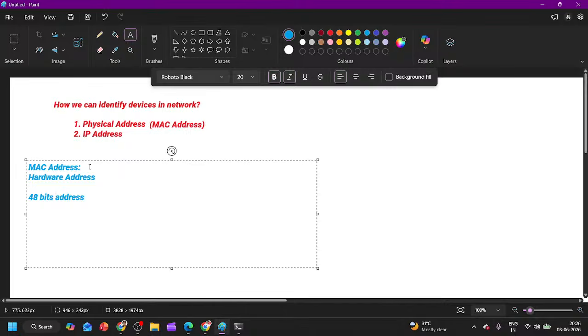It is separated into 24 bits and 24 bits, for a hardware company. It is written in hexadecimal. Divided into two parts. The first part is called the Organizationally Unique Identifier, OUI.